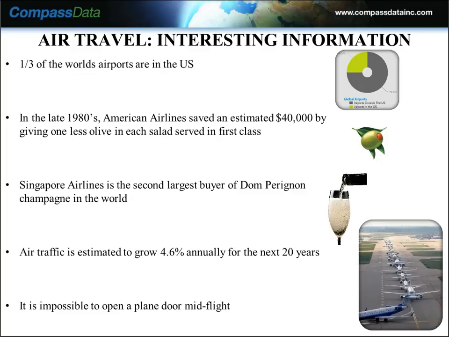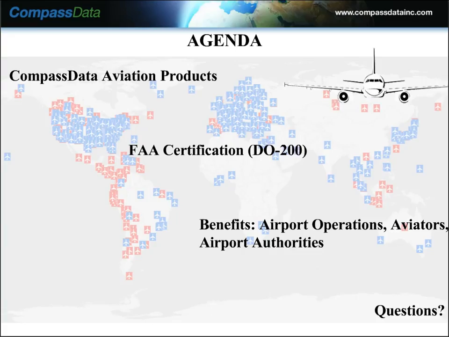So today I'd like to share with you what CompassData and DigitalGlobe are doing in this market and share some of the products that we're providing that hopefully will be of interest to you folks that are listening.